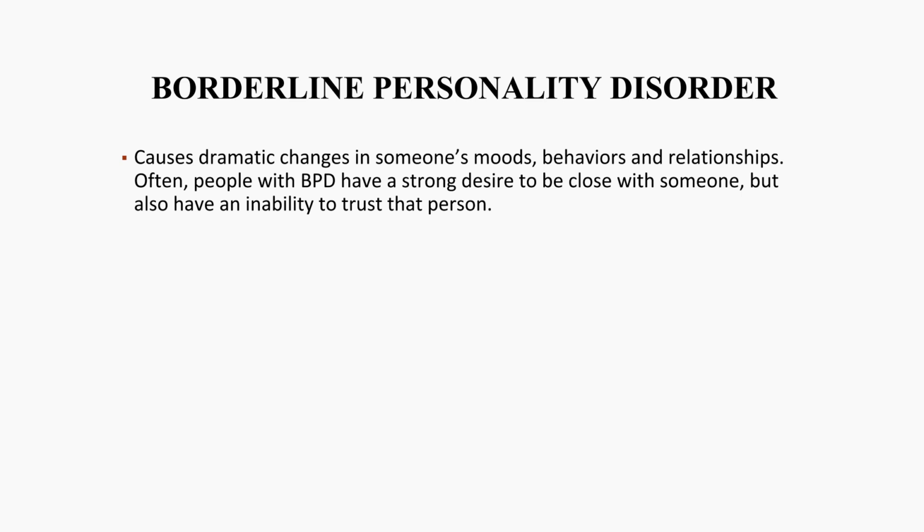Because people with BPD have a hard time regulating their emotions, they can take impulsive actions driven by extreme shifts in mood. Anger morphs into depression, which evolves into elation within just a few hours. So, borderline personality is again treatable.